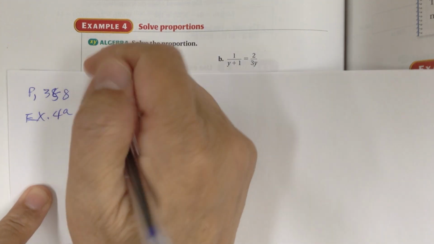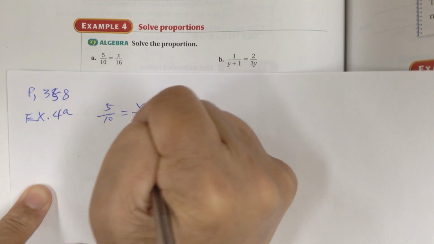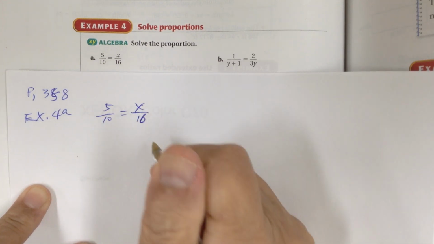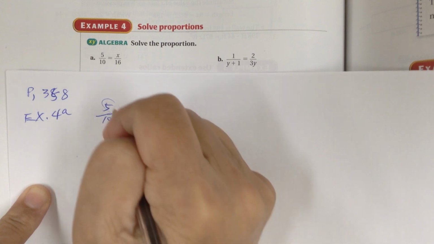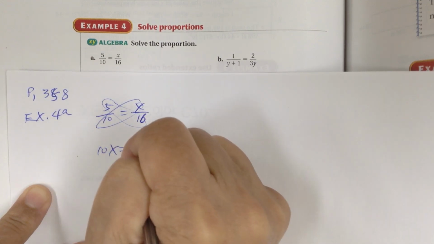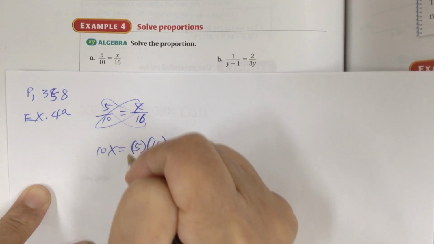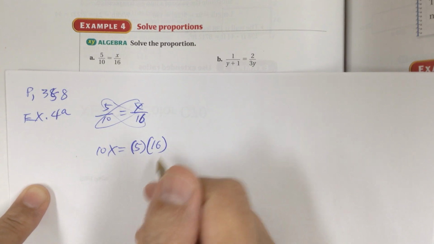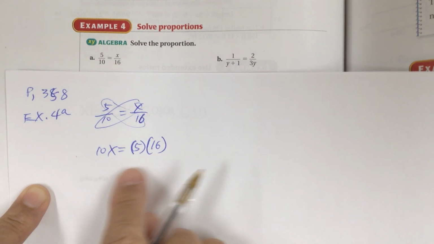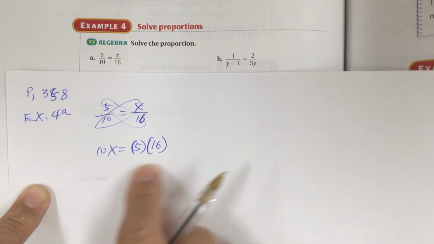Okay, so example 4a, you have 5 over 10 equal to x over 16. So all you do is just cross multiply. So you get 10x equal to 5 times 16. Now you can do this without a calculator. If you're going to do it without a calculator, don't waste your time multiplying out.